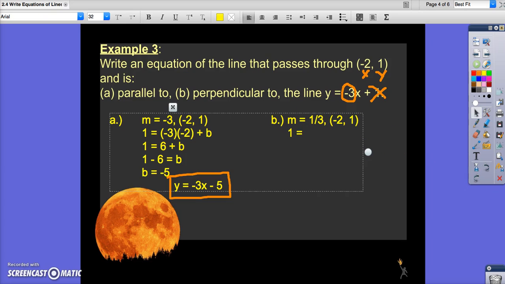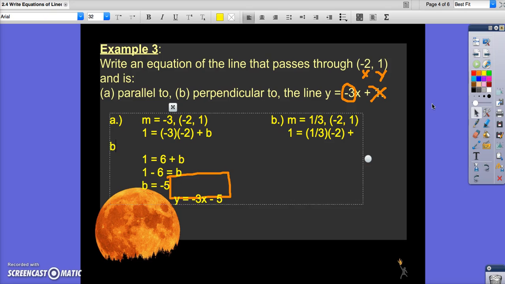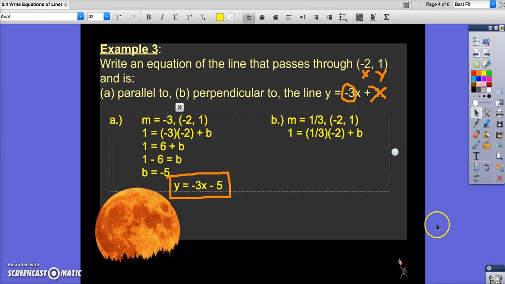So let's plug this into our formula. 1 equals mx, so parenthesis, 1/3 times x, which is -2, plus b. I'm going to get a fraction for this one, right? And I multiply it out.